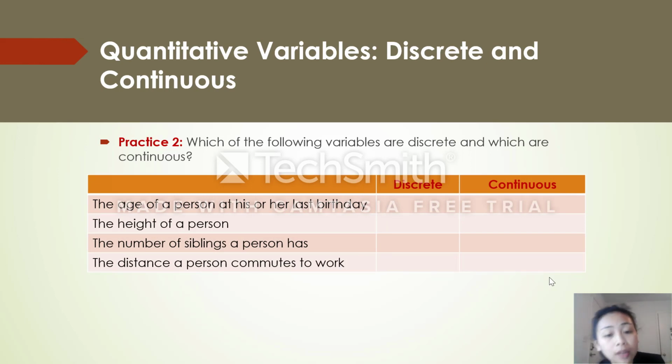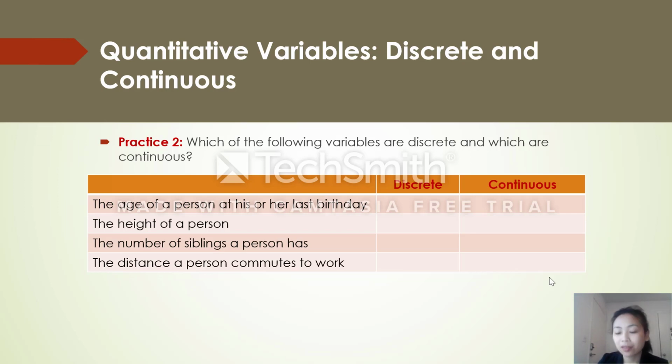The age of a student at his or her last birthday. The age of a person can be 45, 68, 86. Those numbers are whole numbers.